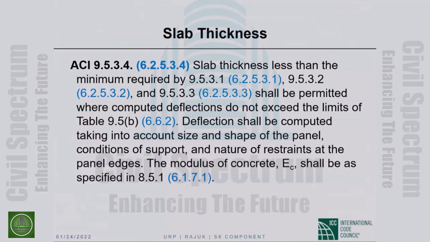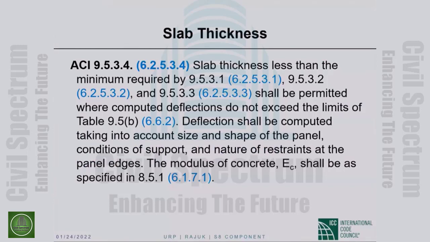Now, slab thickness less than the minimum required shall be permitted where computed deflections do not exceed the limits in Table 9.5(b). This we saw for beams. Deflection shall be computed taking into account size and shape of the panel, conditions of support, nature of restraints at the panel edges, modulus of elasticity, etc.